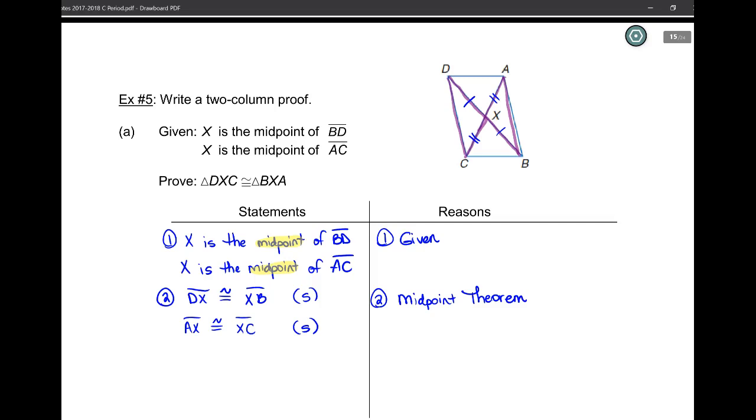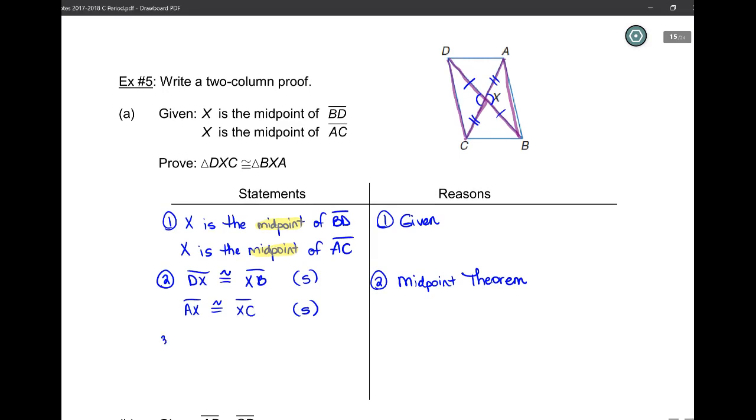However, you may recognize we have intersecting lines, and therefore vertical angles must be congruent. So I'm going to write down angle DXC congruent to angle AXB, and that reason is vertical angles theorem.